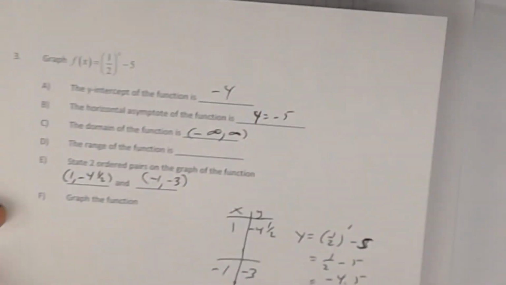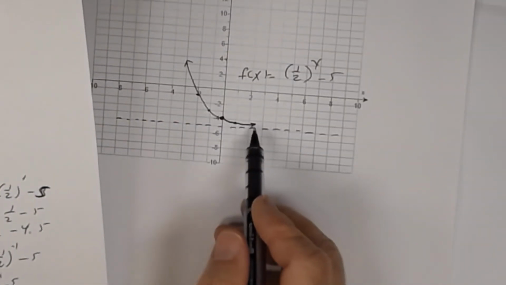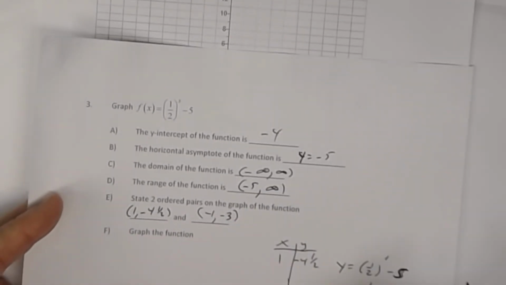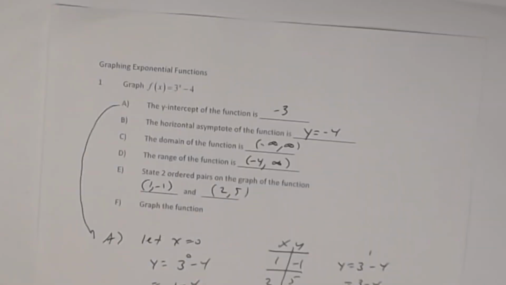But remember, when you do the range, since the y value is never negative 5, it only gets closer and closer to negative 5, I have to say parentheses negative 5 to infinity. All right? And so that is the review of exponential functions.